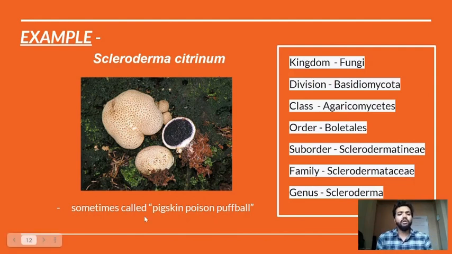It is sometimes also called the pigskin poison puffball. Its taxonomic classification is: kingdom fungi, division Basidiomycota, class Agaricomycetes, order Boletales, suborder Sclerodermatineae, family Sclerodermataceae, and genus Scleroderma.